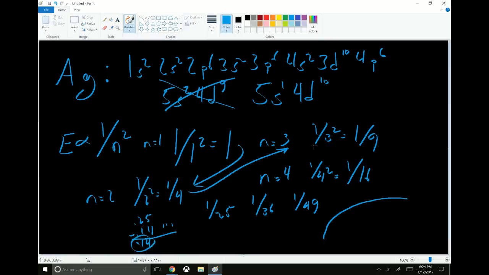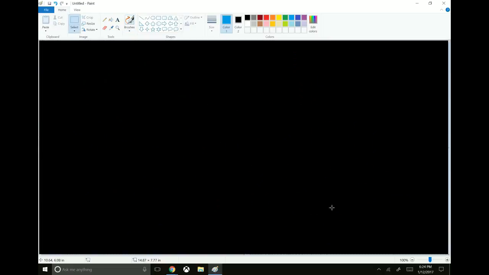And then from 1/9 to 1/16, it's even smaller, then smaller, then smaller. Okay. So the energy levels are getting closer and closer and closer together. Okay. So drawing them in their proper way, 1, 2, 3.